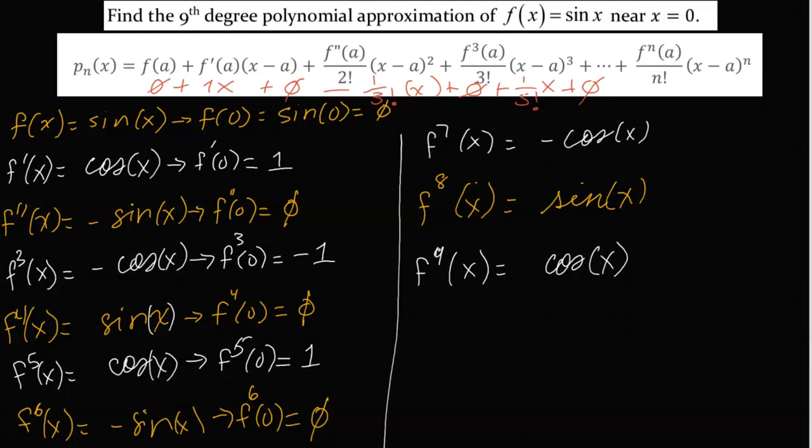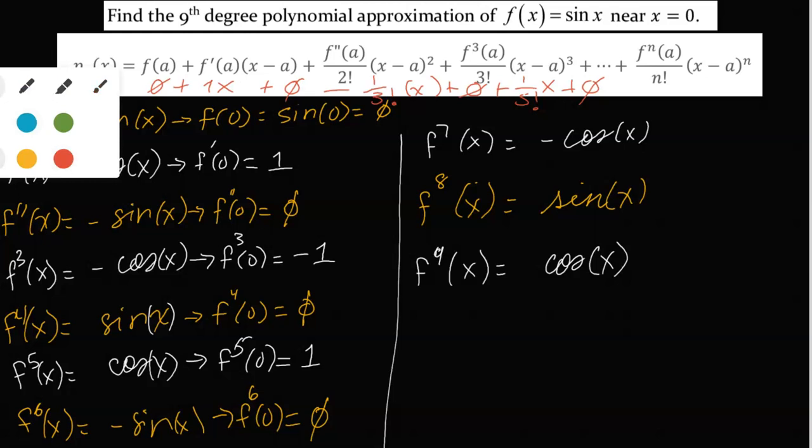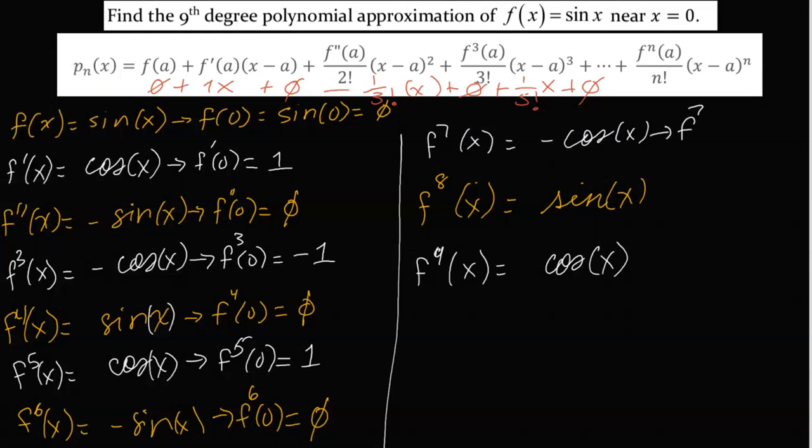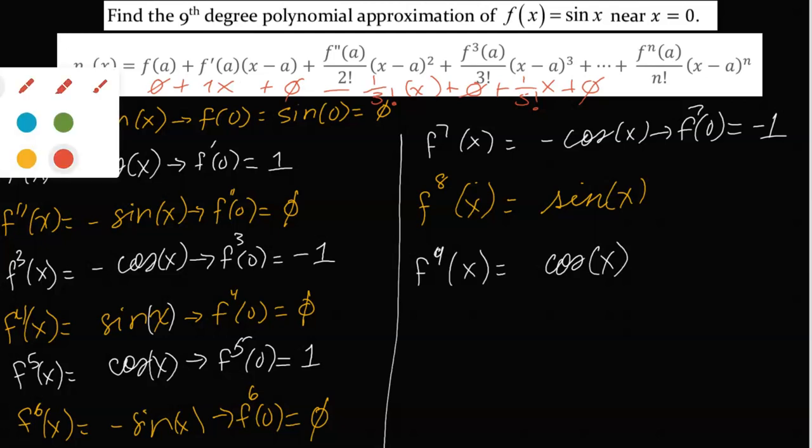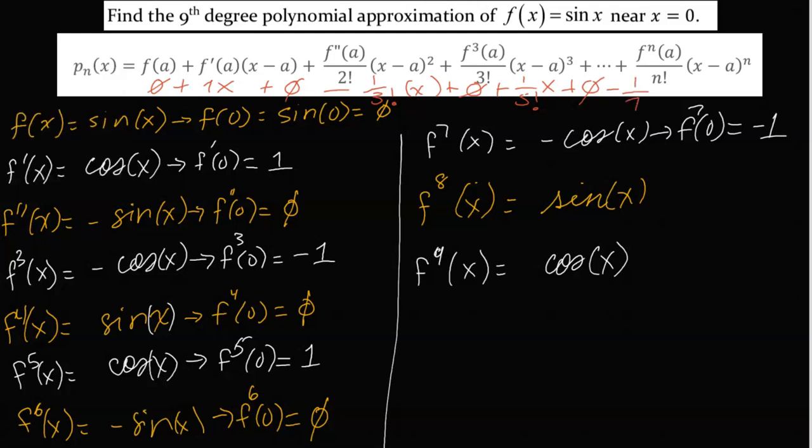Okay, so let's go ahead and finish. The 7th derivative evaluated at 0 is going to be -1. So then I will say minus 1 over 7 factorial x to the 7. This was x to the 5th. This was x to the 3rd.